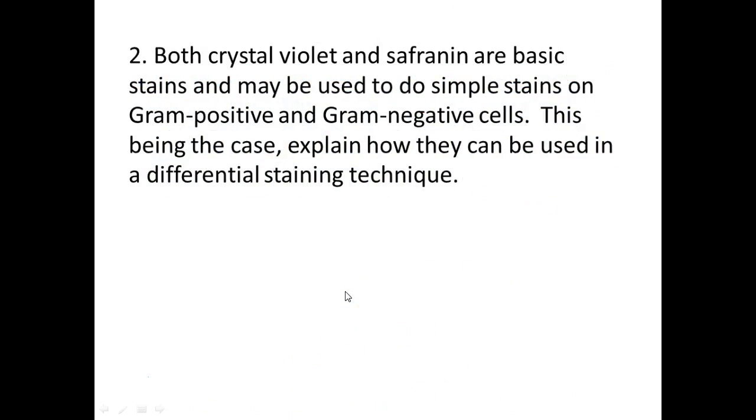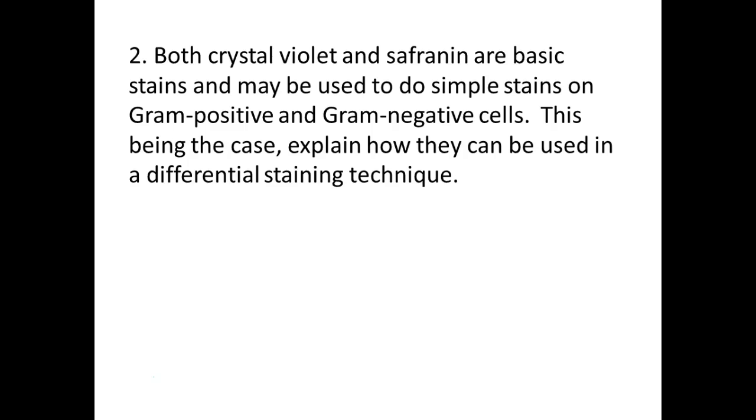So both crystal violet and safranin are basic dyes. They can be used for simple staining like we did last week. But in this case, we're using crystal violet and safranin, and we're going to get a result, gram-positive or gram-negative. Why is that possible? What's so special about this technique that we're using today, different from what we did last week? The decolorization step.